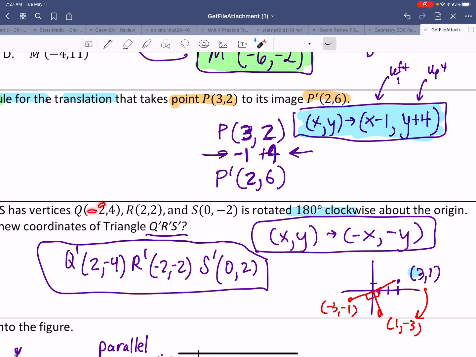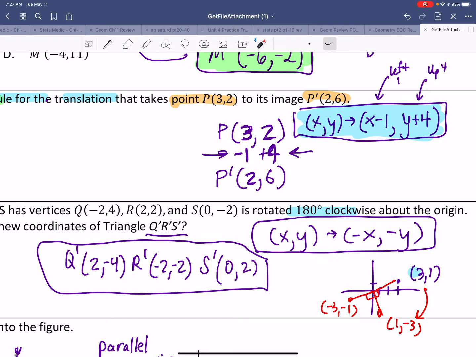A negative 2 would then be a positive 2. A positive 4 would be a negative 4. A positive 2 would be a negative 2. 0 doesn't matter if it's positive or negative, it's still just 0. And a negative 2 would be a positive 2. So we've written all the coordinates out for the 180 degree clockwise rotation.